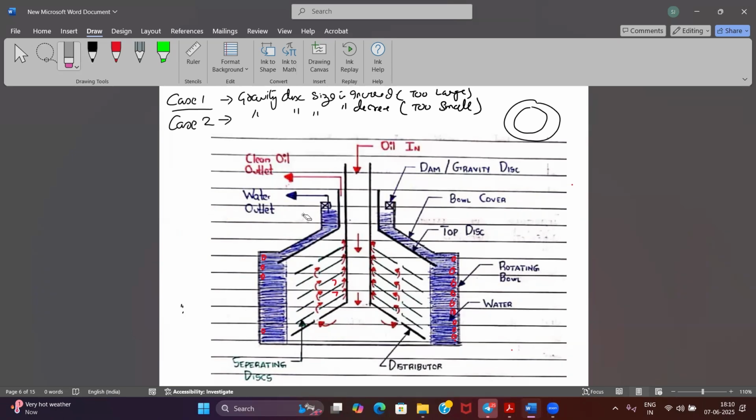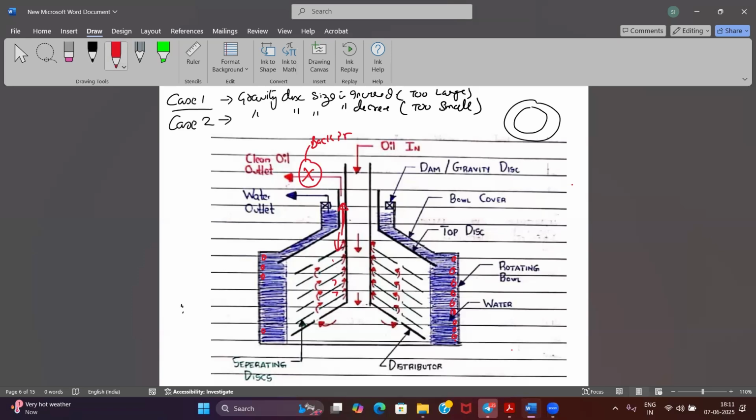What other factors are going to affect your interface? Suppose there is a back pressure valve over here, right? If I close this valve, then my oil cannot go as much as before. If I shut my valve and open it only slightly, that means it is creating back pressure on the system, right?